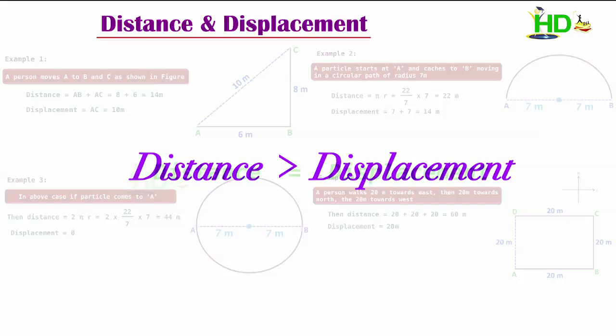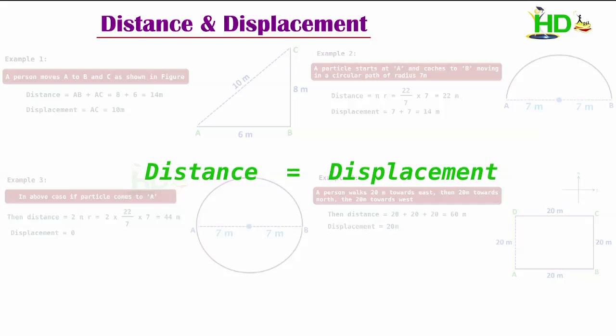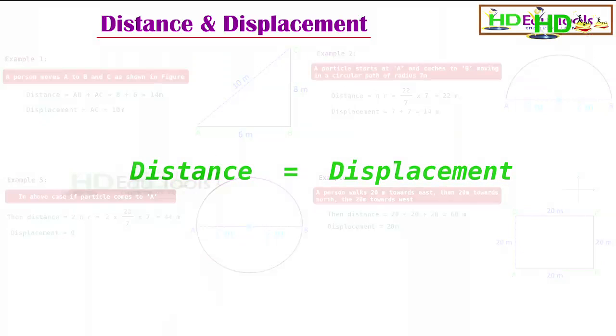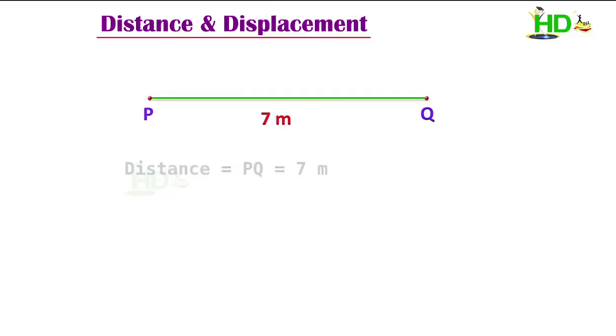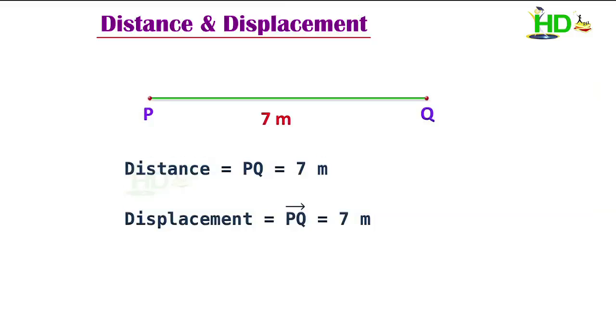Now my question is, can distance be equal to displacement? Is it possible? We take one example. Suppose a body moves from P to Q along a straight line. In this case, the distance is nothing but PQ. This is equal to 7 meter. And the displacement is vector PQ.